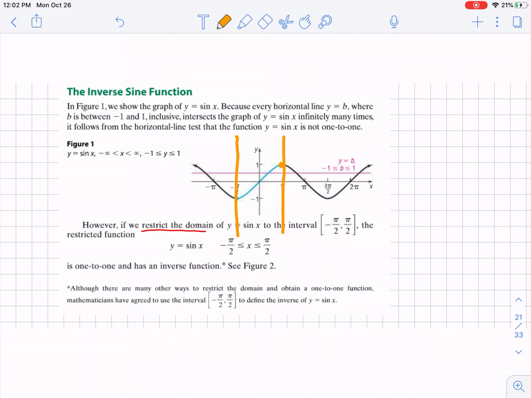Let's think of it in terms of the unit circle, okay? Let's think of negative pi over 2 to positive pi over 2. It's really the right side of the unit circle, okay? And if I said to you, where is it that my sine or my y coordinate is 1, it's right here at pi over 2, okay?